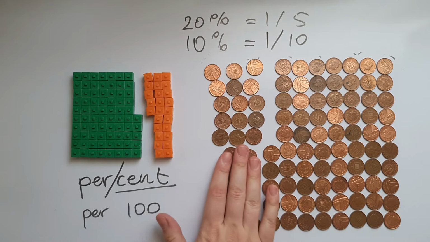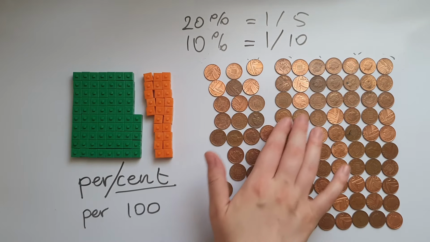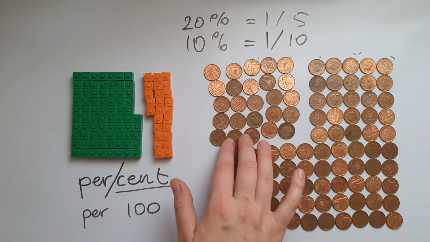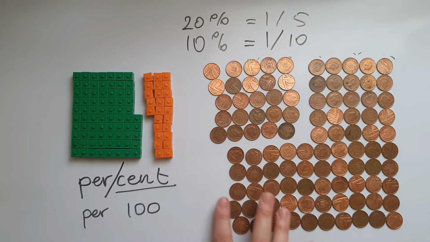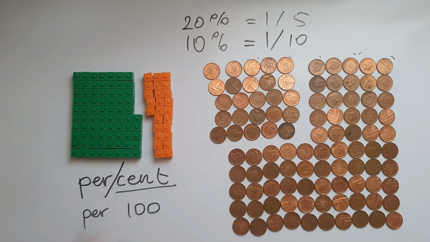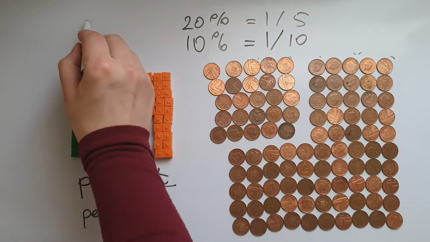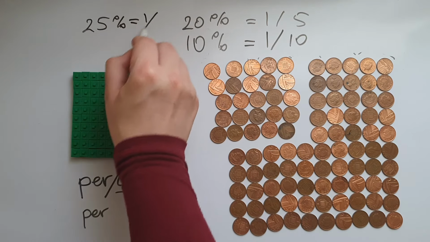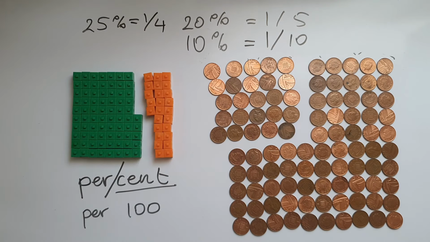Which you can also split like this. And this would be a quarter. So 25% is also 1/4. 50% was a half.